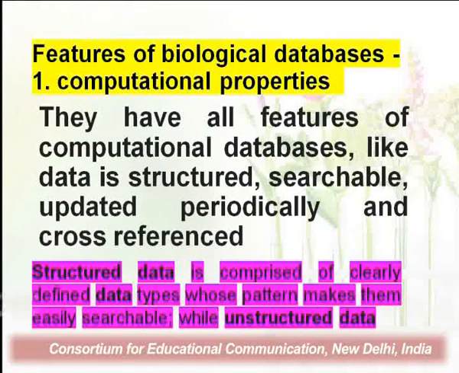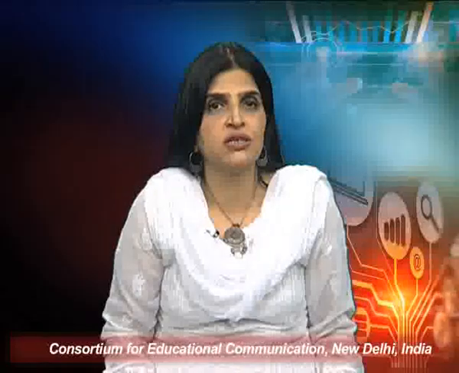Structured data is a clearly defined data type whose pattern makes it easily searchable. So structured data makes it searchable, and that is the most important feature of these computational databases.